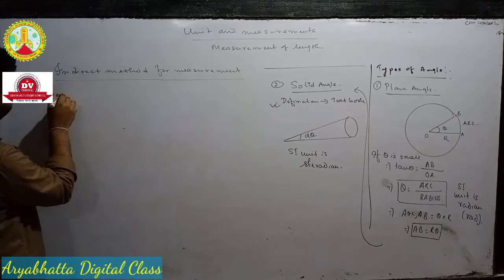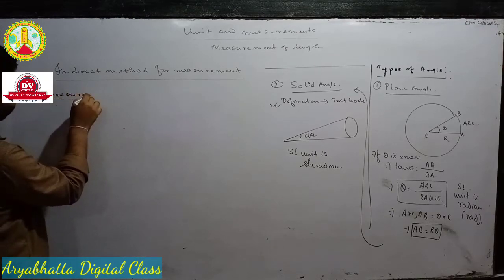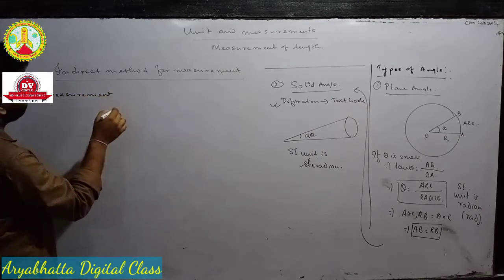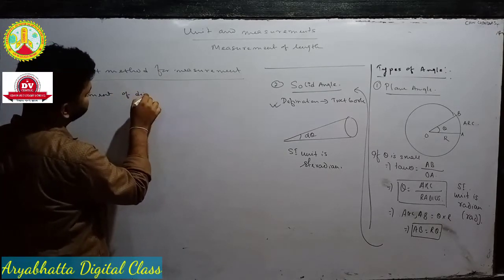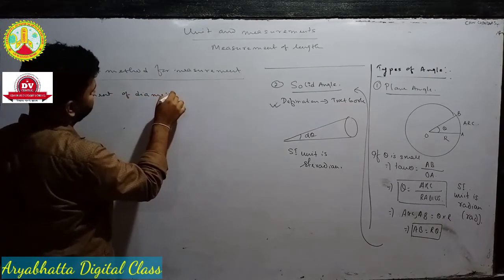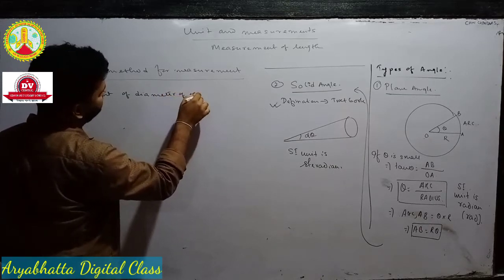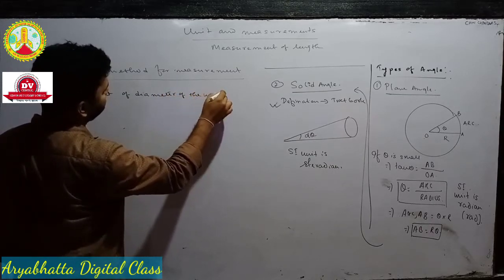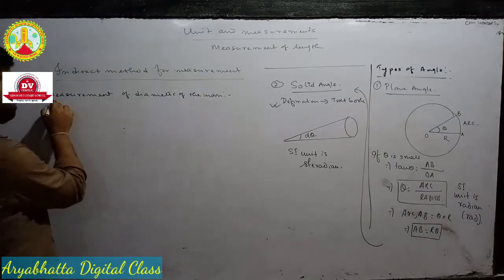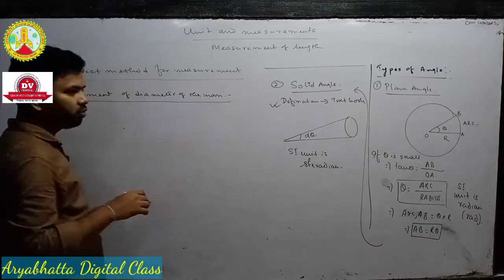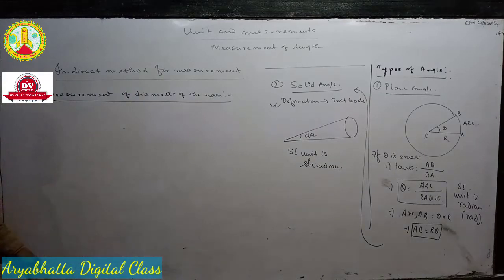How we can calculate the diameter of the moon? You cannot go to the moon, so how will you calculate the diameter of the moon?